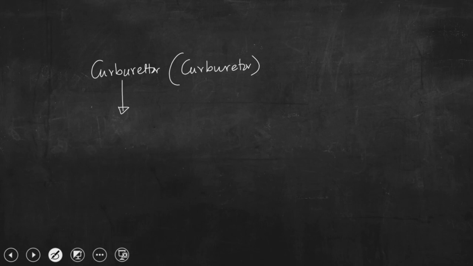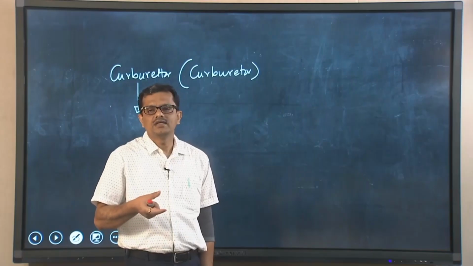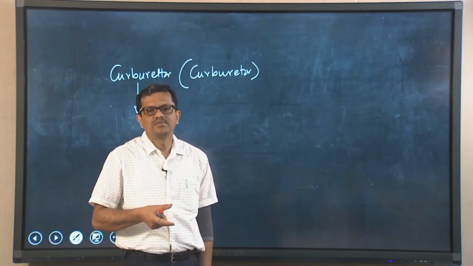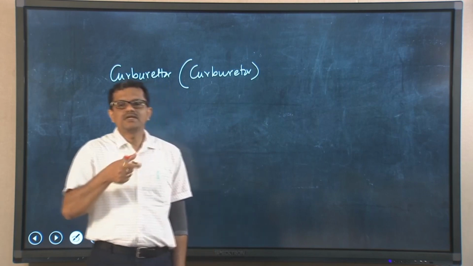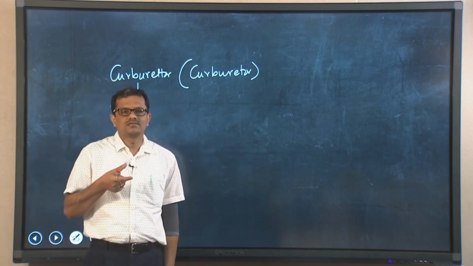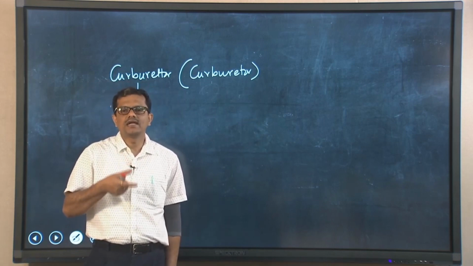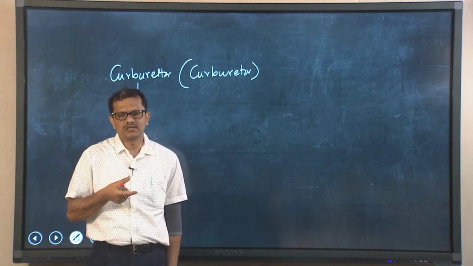We have discussed that for the SI engines, fuel and air are allowed to mix prior to the arrival in the cylinder before combustion, and this particular mixing is carried out by a device which is the carburetor.